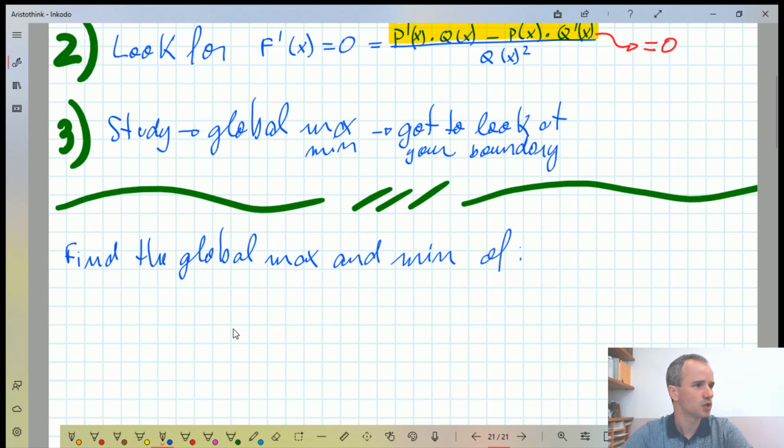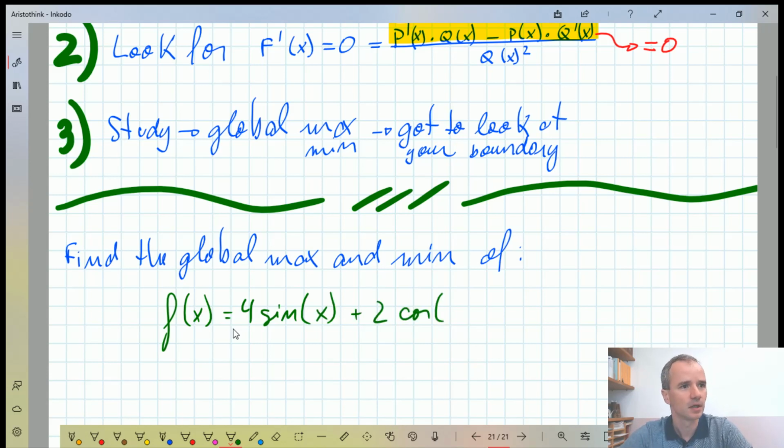No need to do this anymore. So the function is going to be, let me put the paper here, 4 sine of x plus 2 cosine of 2x plus 6.